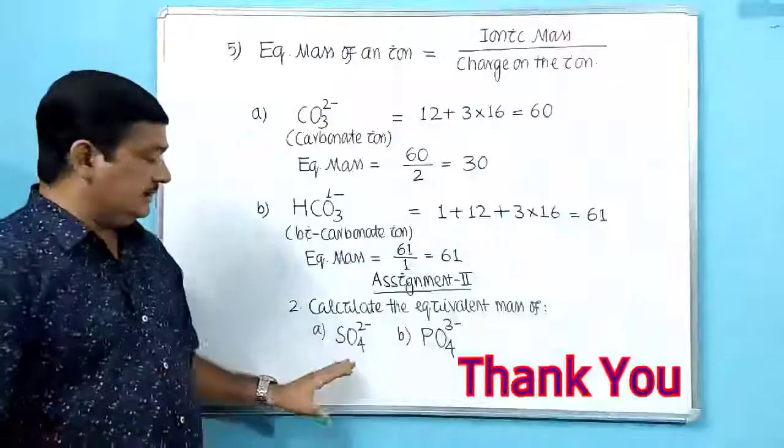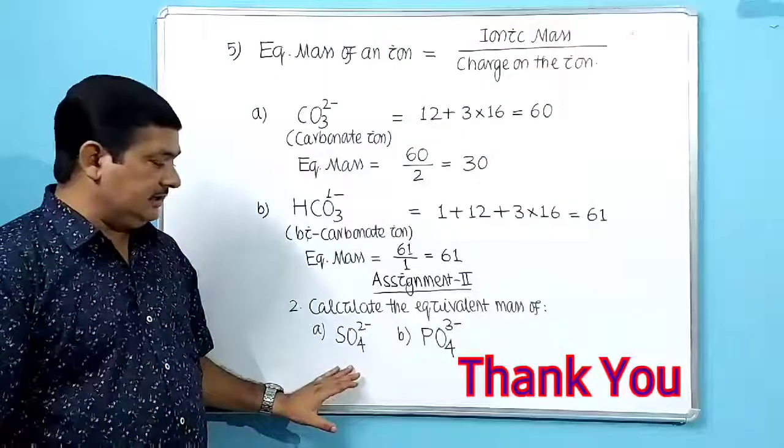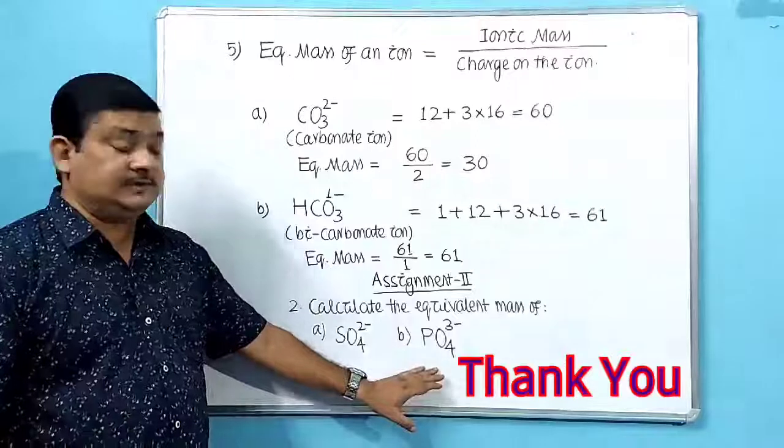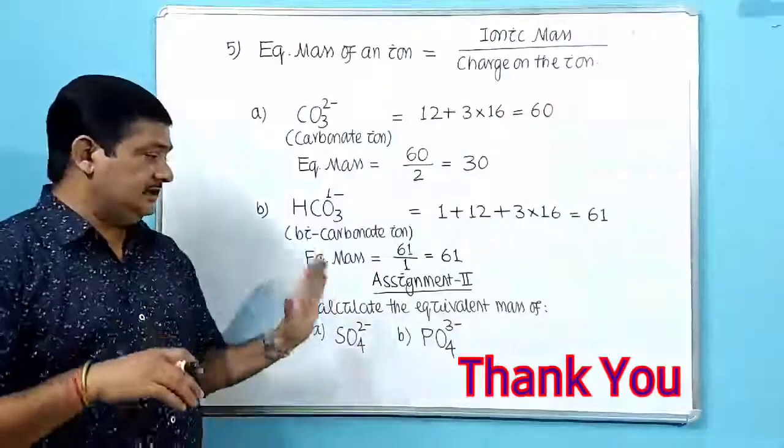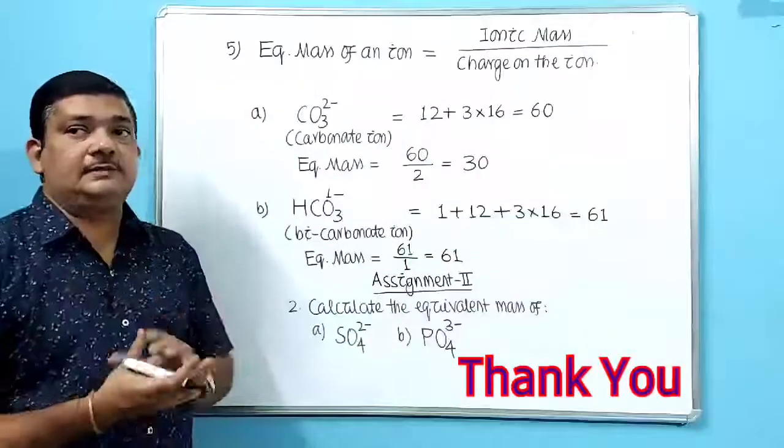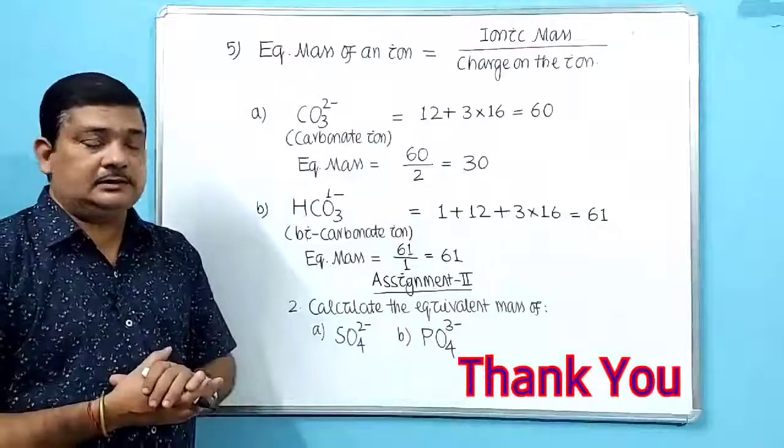These two you have to calculate. Calculate the equivalent mass of sulfate radical or sulfate ion and phosphate PO4 3 minus. So these are the two assignments. That is assignment 2. Then I am giving you assignment number 1.